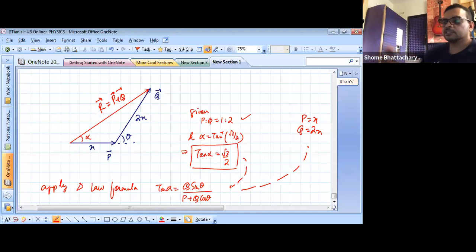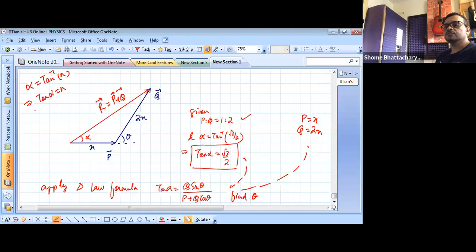So what do I have to find out after substituting all this? I have to find out theta. Now, friends, if I make the statement that alpha is tan inverse of some number n, that basically means that tan alpha is equal to n.